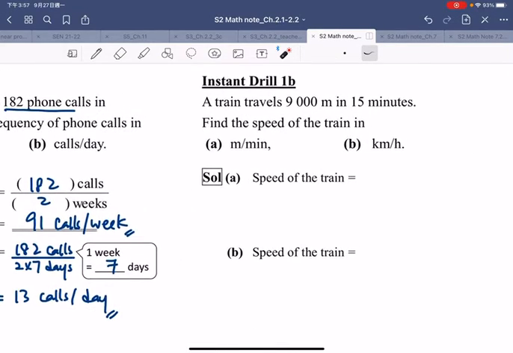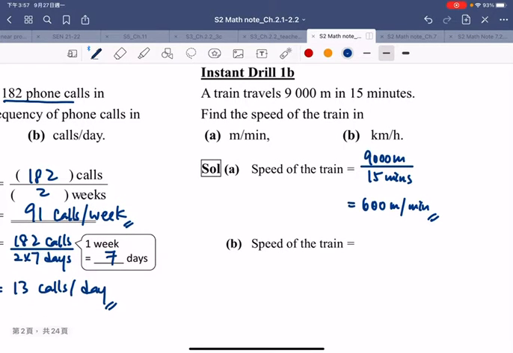Okay, so move on to 1B. So part A, simply divide 9,000 by 15, 600 meters per minute.